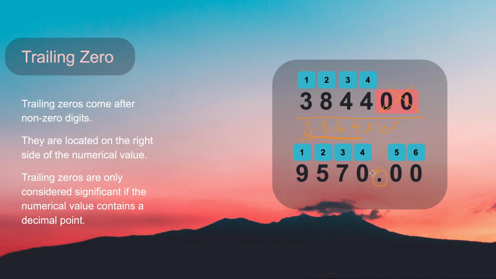But in the case of a value that has a decimal point, you have to include those trailing zeros as significant figures. Even though they are zeros and they are on the right side, there's a decimal point in it. That's why we will consider them significant. So above we had 4, here we have 6: 1 2 3 4 5 and 6.